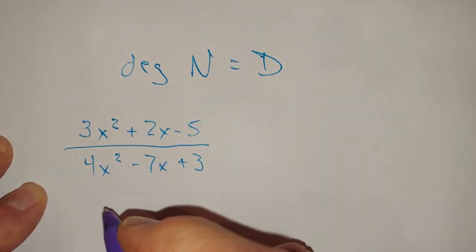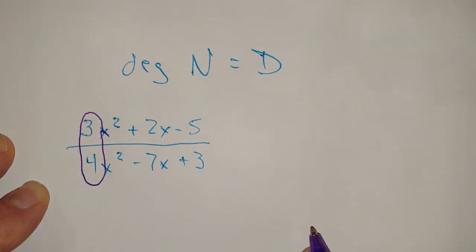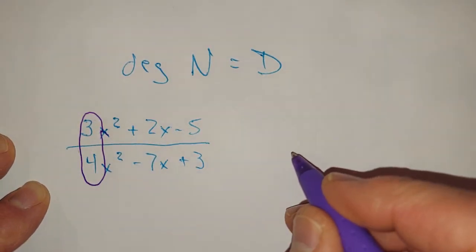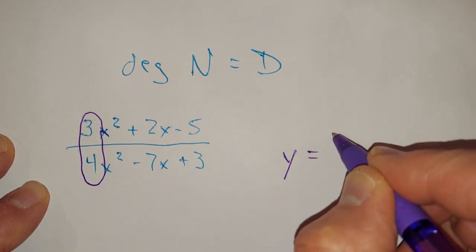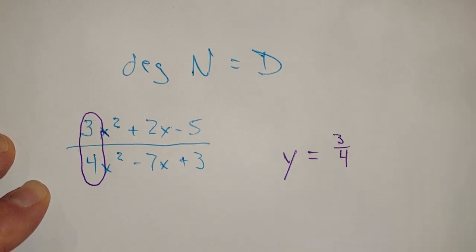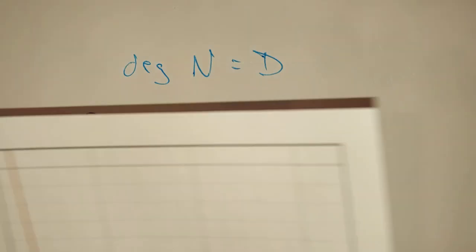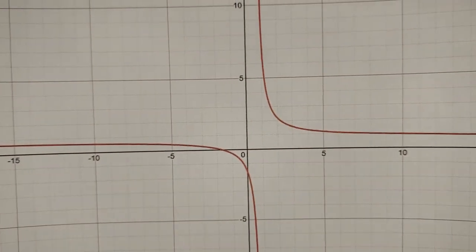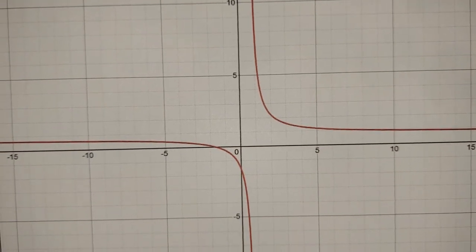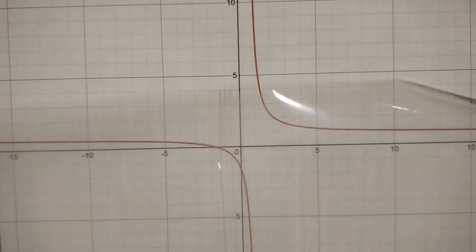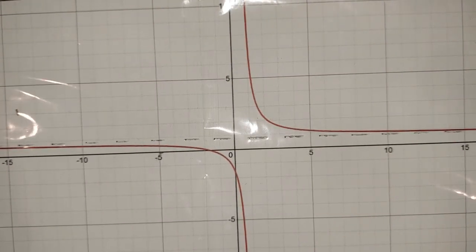Well, just look at the leading coefficients, 3 over 4, and our horizontal asymptote is y equals 3 over 4. And this is what that graph would look like. The horizontal asymptote would be right here at 3/4.